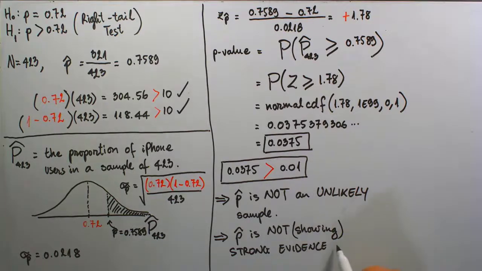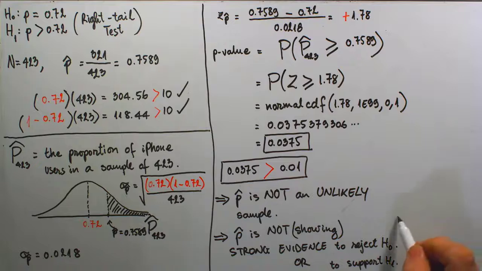Okay, and the strong evidence here is to either reject H0 or to support H1. So we just simply don't have p hat as strong evidence to reject H0.